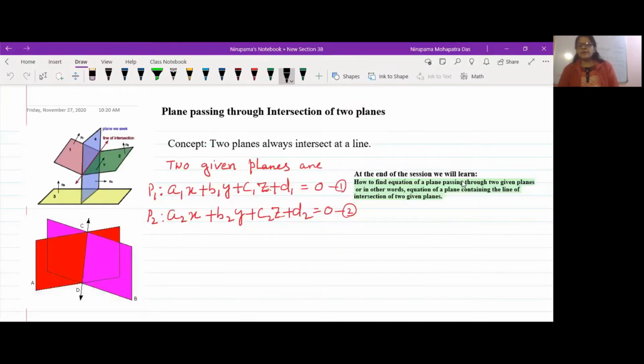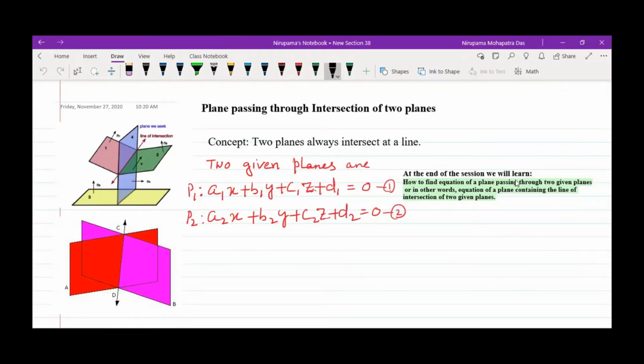Here we are given two planes, and I have taken the Cartesian form. The general equation of a plane is ax plus by plus cz plus d equal to 0.